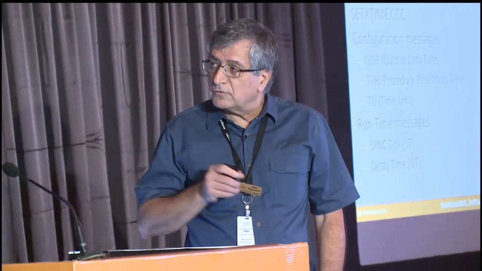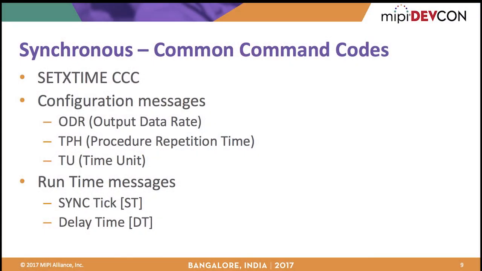In order to do this process, we are using a common command code, which is the SETXTIME CCC, that's the name of it. Now, the devices have to be configured, first of all. So we have three configurations. One is the output data rate, which is clear: you set up your target device to present so many samples within such a long or short period of time.